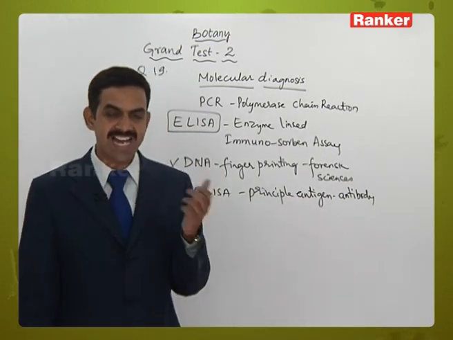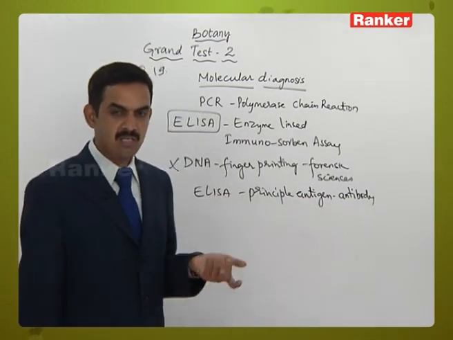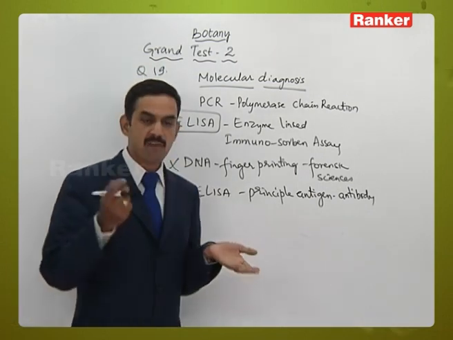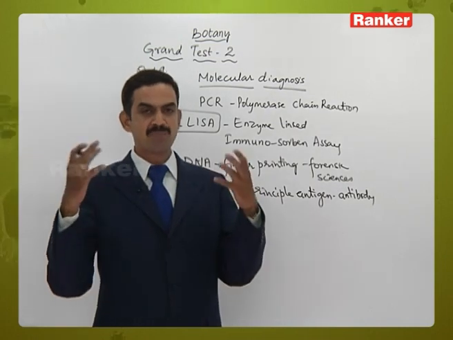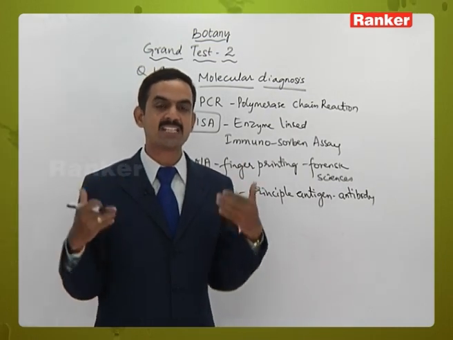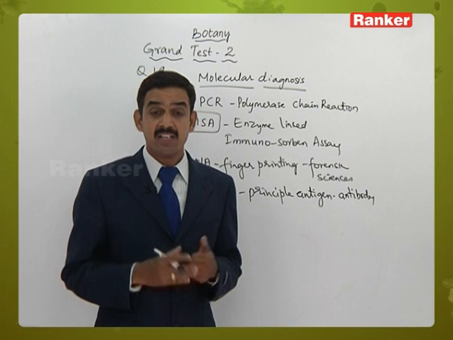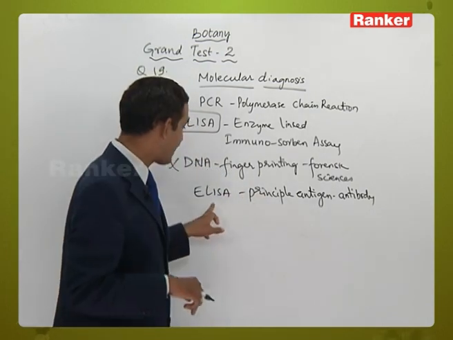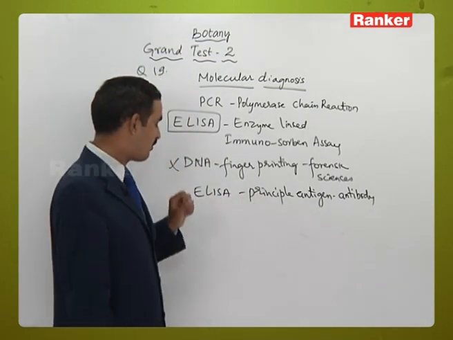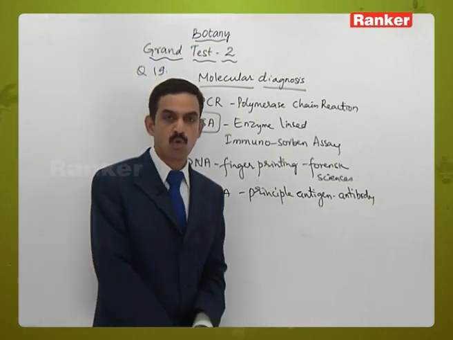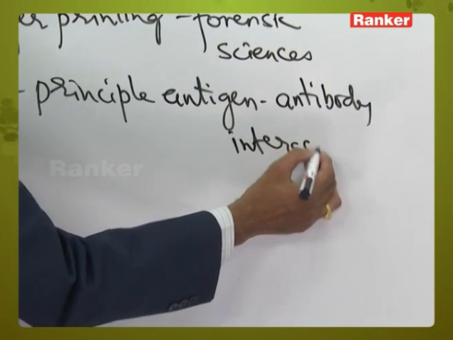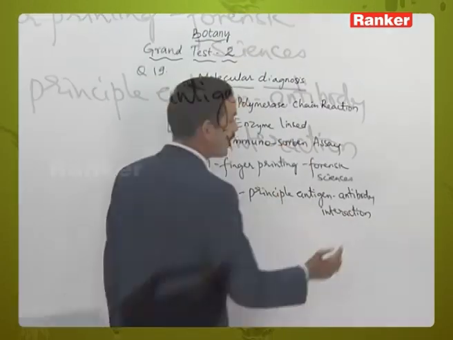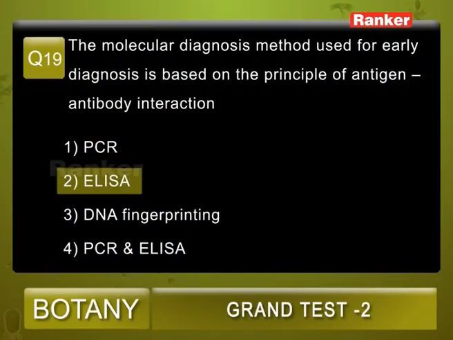So what does this antibody and antigen interaction mean? Actually we know that if any foreign particle enters the human body, our immune system has some antibodies, and they start attacking that antigen, right? That will be identified by this ELISA. So that is why we say that ELISA is based on the principle called antigen antibody interaction. So question number 19, the correct answer is 2.